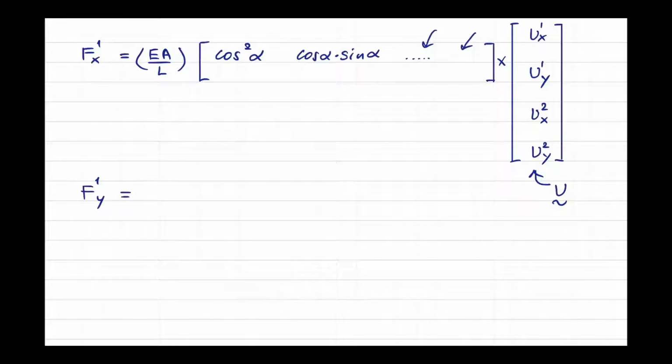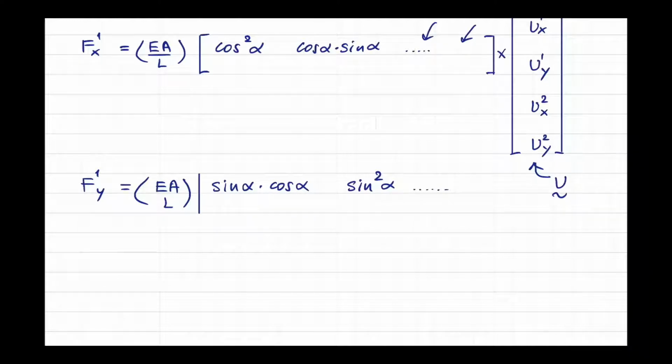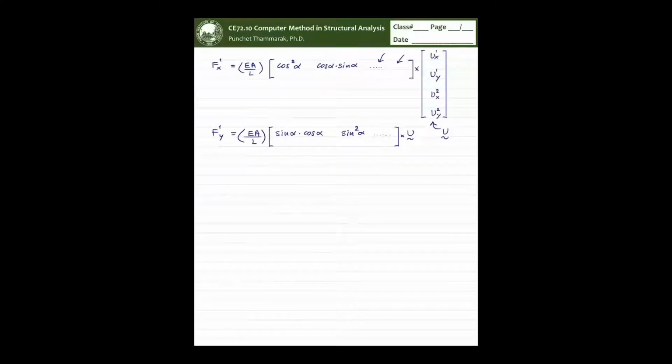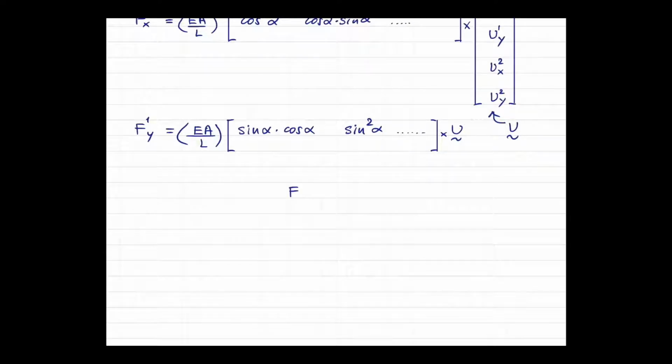Okay, so the second one will be F1y equal to EA over L, sine alpha times cosine alpha, and then sine square alpha, and you're gonna continue by yourself. This is going to multiply by the U. Okay, finally you'll be able to write this relationship again.